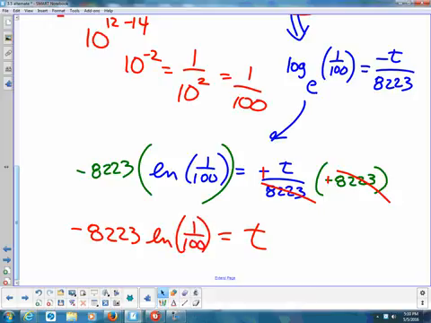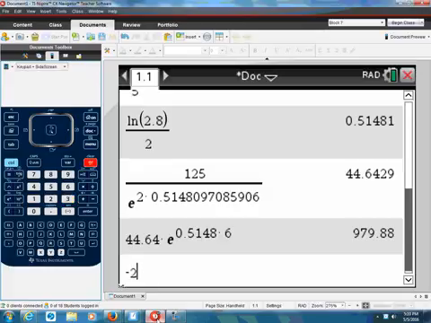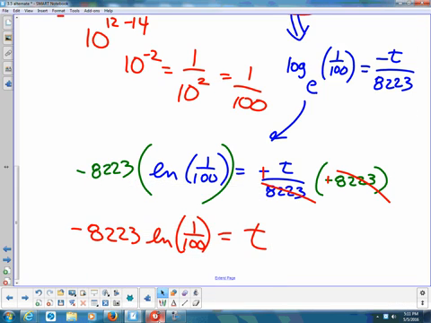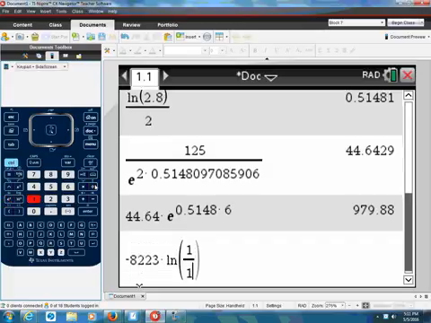So let's see what this looks like on our calculators. Negative 8,223 times, and I want the ln of 1 over 100. So control e to the x, ln, fraction templates, 1 over 100.